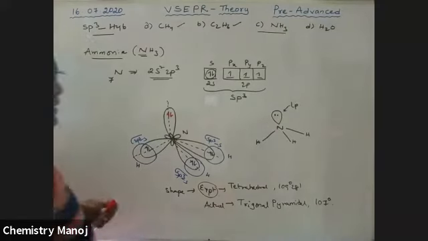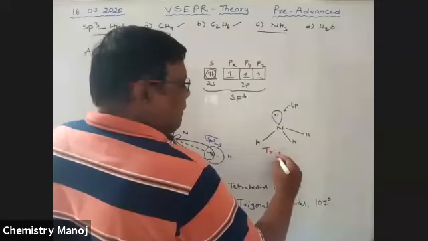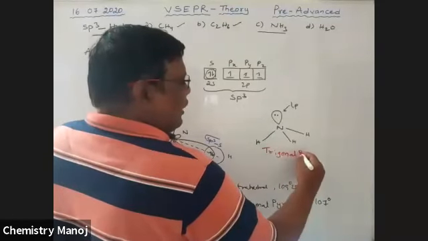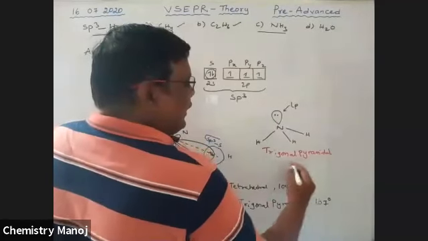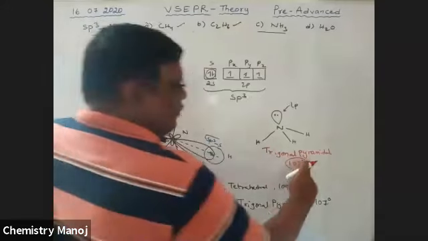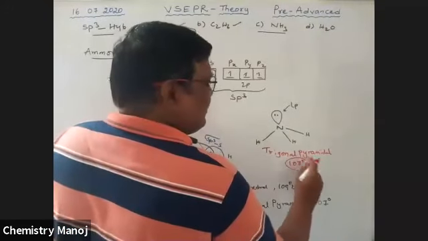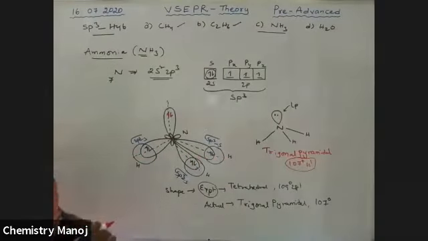So now what is the shape of this ammonia? It is trigonal pyramidal. Bond angle is 107 degrees, clearly 107 degrees 11 minutes.